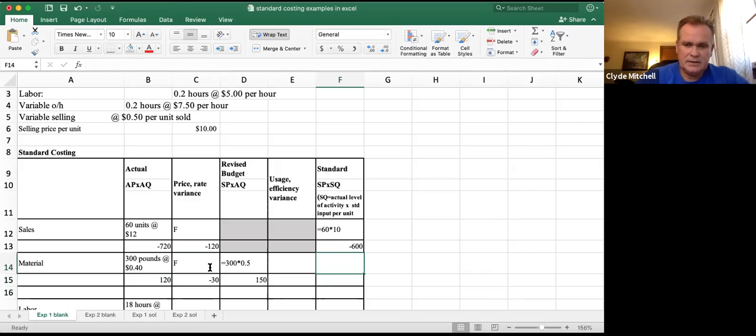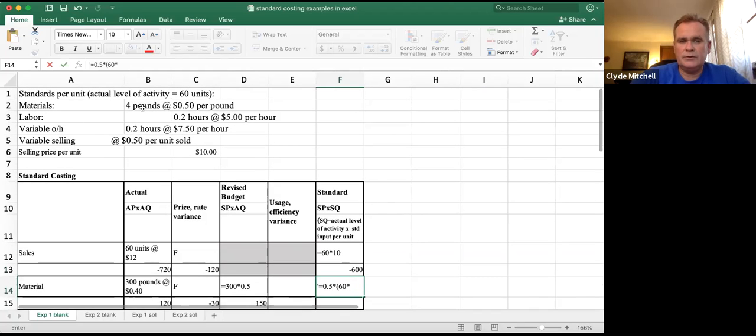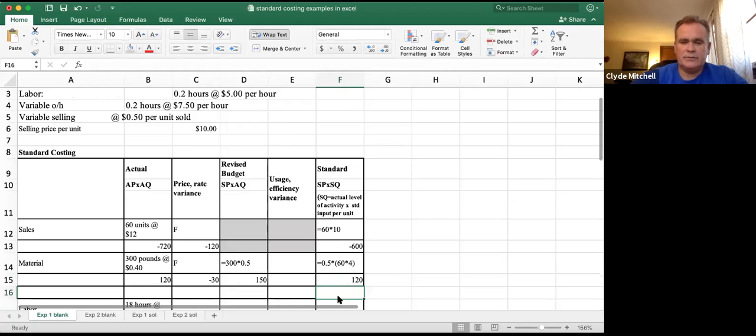Now we're going to go and have a look at our standard. Now for our standard, we're going to show that what it should be equal to is the standard price, which is 50 cents a pound. Now we need to multiply that by the standard quantity. And to get the standard quantity, we want the actual units, which was 60, and we have to multiply that by the number of pounds per unit, which we have up here as 4. So 60 times 4 is going to give us 240. So the actual calculation is equal to 50 cents times 60 times 4, which is 240, which is going to give us 120.